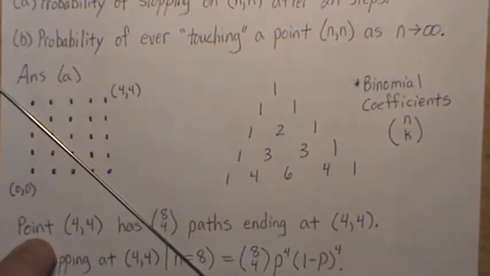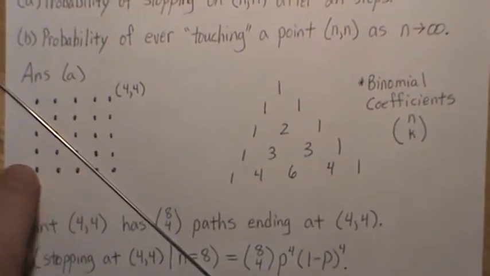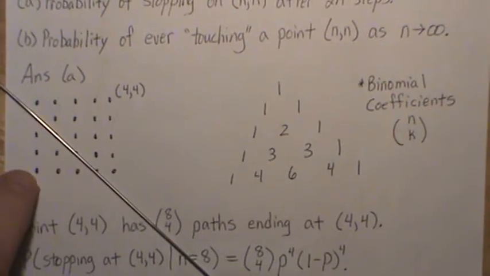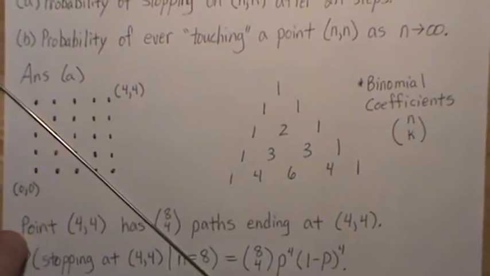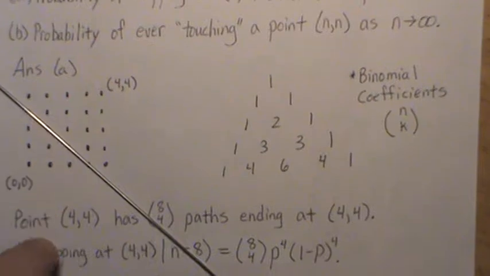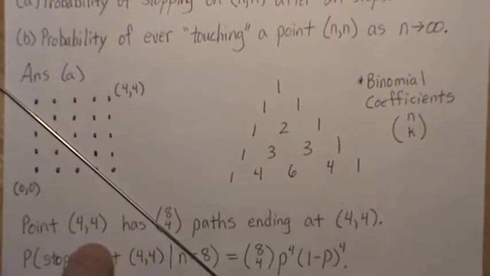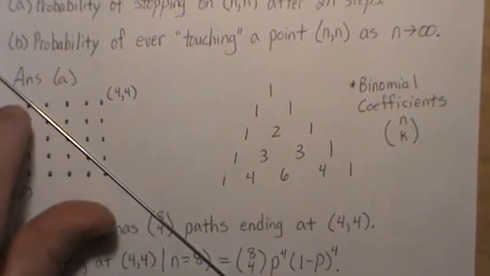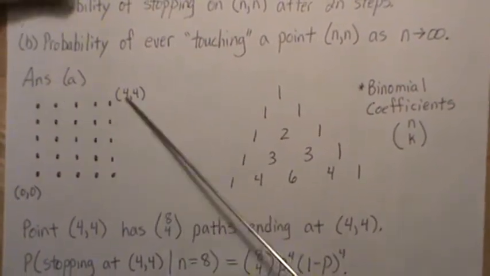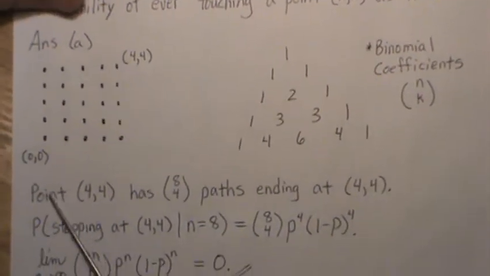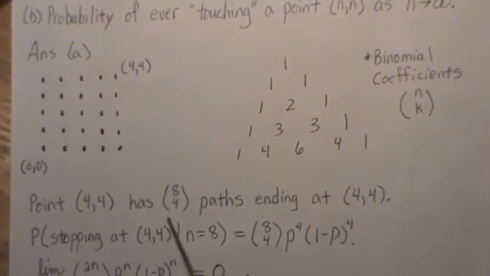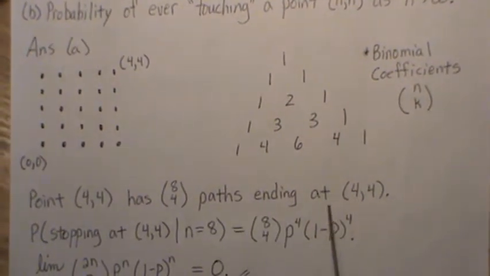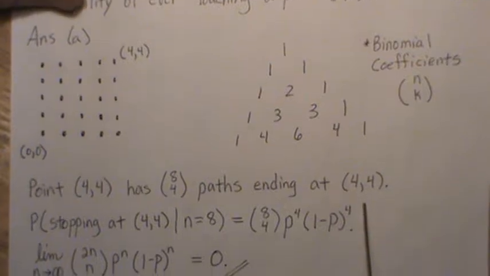And then here, there's one way to get to here, there's one way to get to there. There's 2 ways to get to that point, this way or that way, and that corresponds with this 2. And there's one way to get to this point. And then each way, this grows using Pascal's triangle. So the point 4, 4 has 8 choose 4 paths ending at 4, 4.